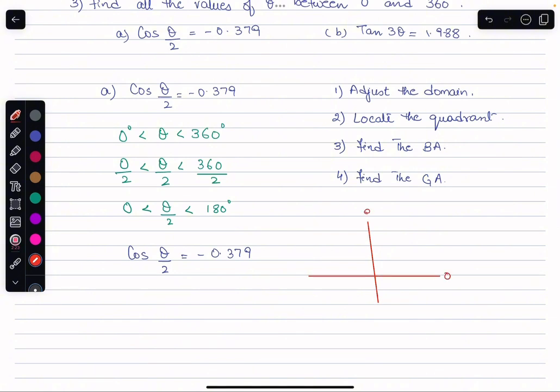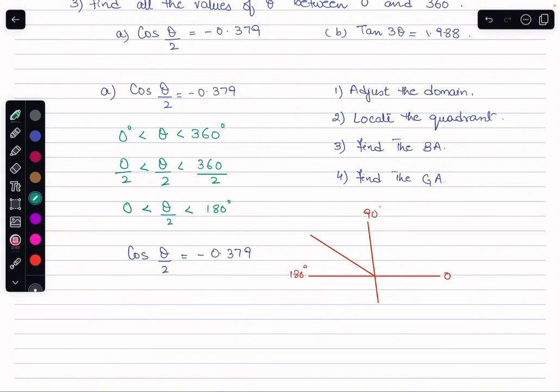Zero, 90 and 180 degrees. And here, because my cosine is a negative, I should say here that the only quadrant that I should be having here is the second quadrant. Now I have located the quadrant. I should not be going beyond 180 degrees because of the adjusted domain for theta by 2. So I have the second quadrant location.